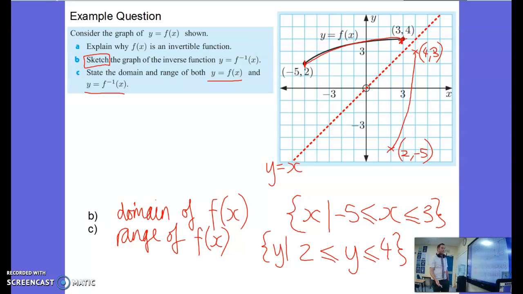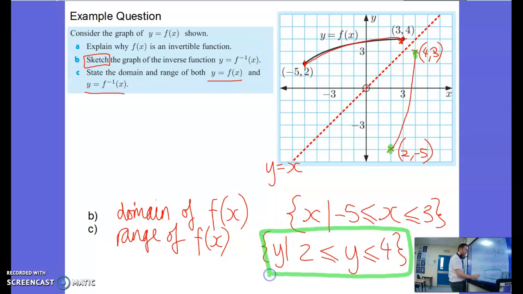Now when we look at the inverse function, very interesting to note that we've kind of got a very similar pattern here. My domain is now going to be from 2 to 4, and you'll notice that the domain of my inverse function is the same as the range of my function.